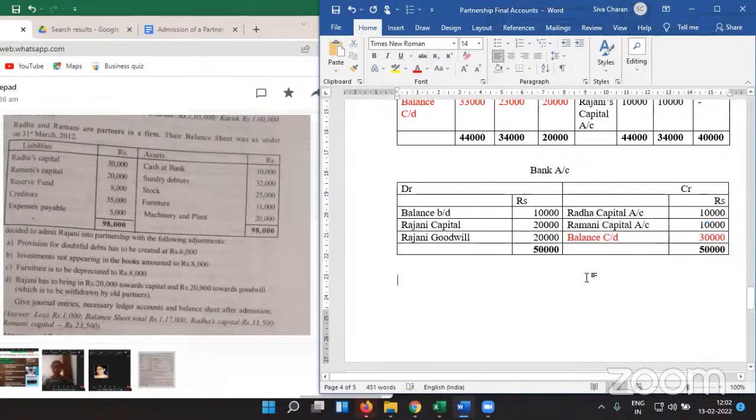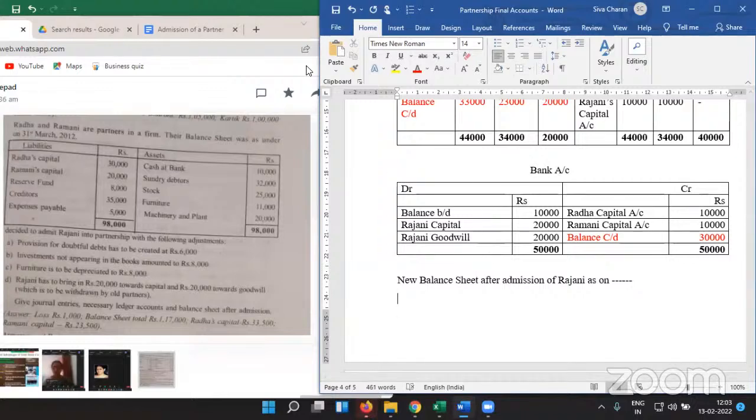Now we can open the balance sheet. Dates were not given, so you should put new balance sheet after admission of Rajani, as long as dates are not given.